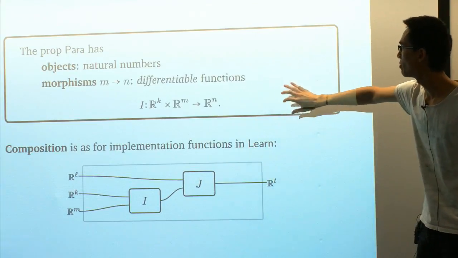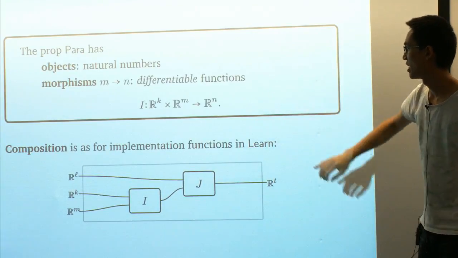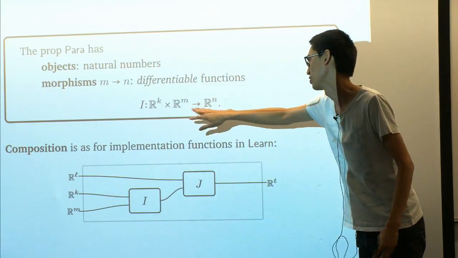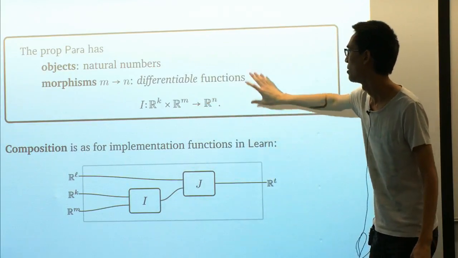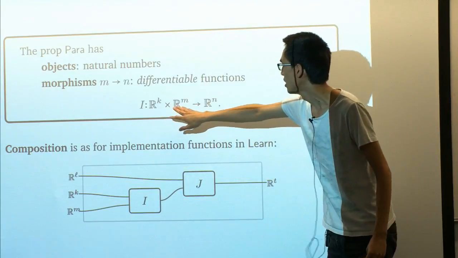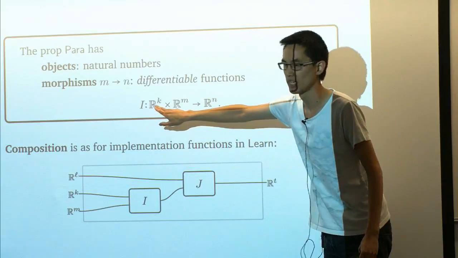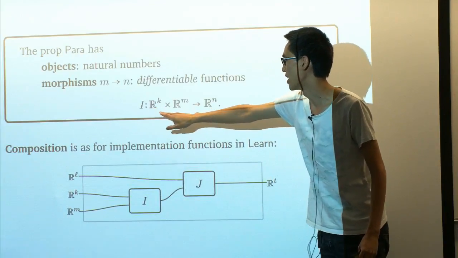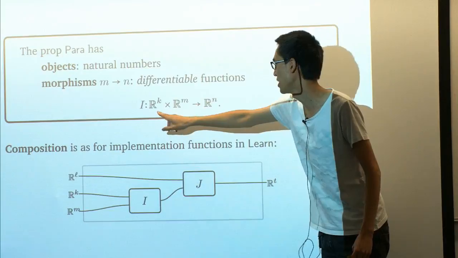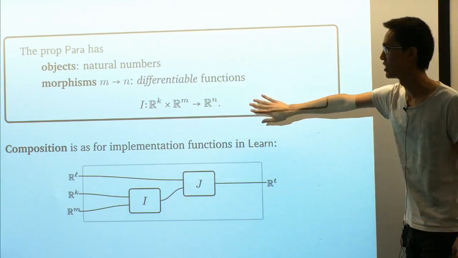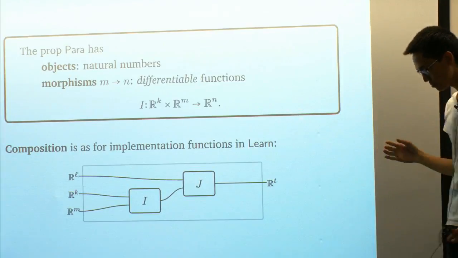But I want to define this prop where we think of these natural numbers as defining the dimensions of Euclidean spaces, or vector spaces, if you like. And the morphisms then are differentiable functions that are parametrized by some other Euclidean space. So this plays the role of P. In particular, it's R to the K now. And also that this is done in a differentiable way.